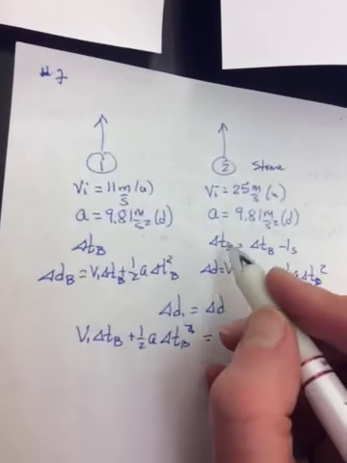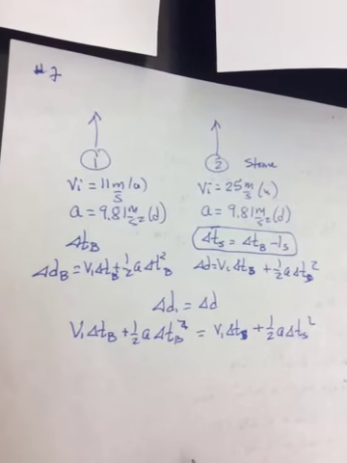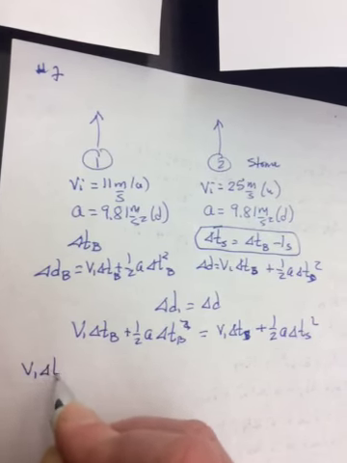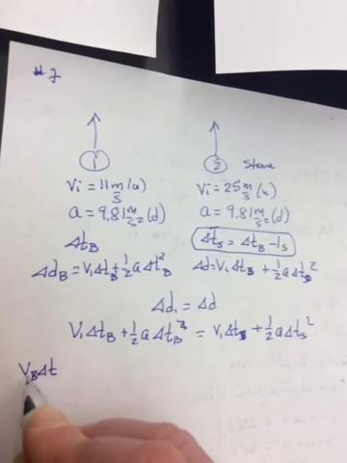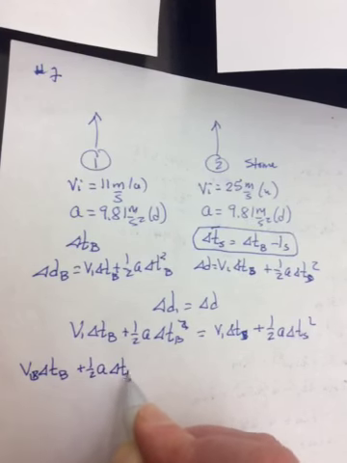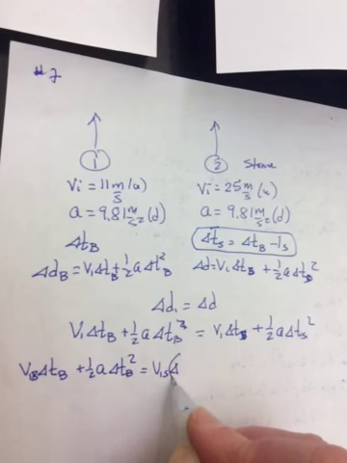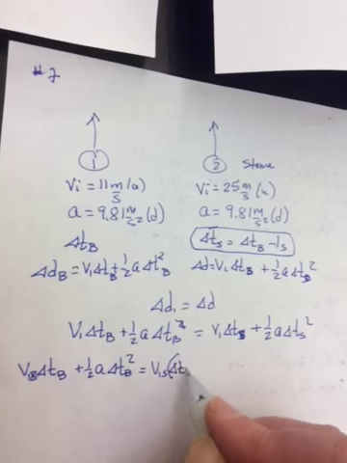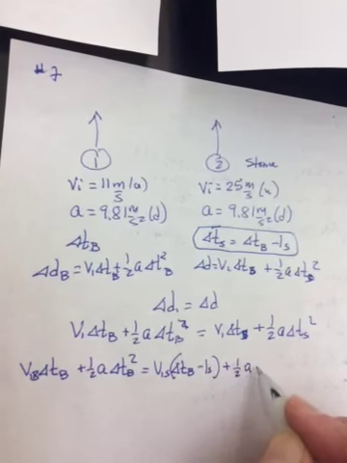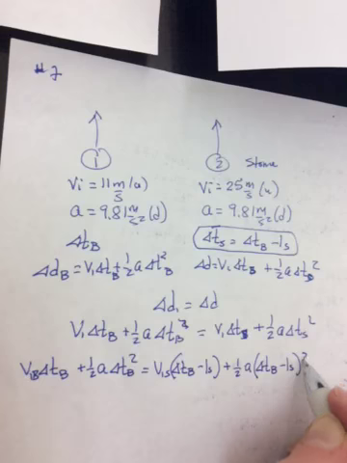Again, we have two unknowns, so we need to sub this in. And it is going to be a little painful because this time we have to sub it in two different spots. So vi of the ball delta t of the ball plus 1/2 a delta t of the ball squared will equal vi of the stone, and instead of the stone's time, we're going to put in delta t of the ball minus 1 second, plus 1/2 a times (delta t of the ball minus 1 second) squared.